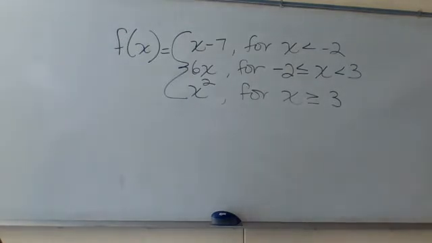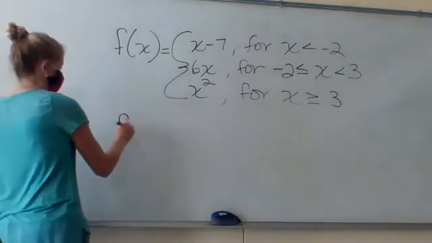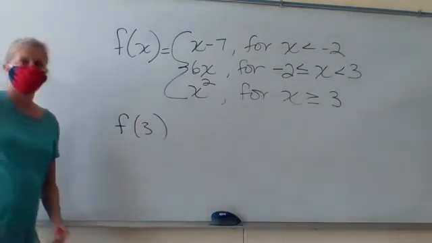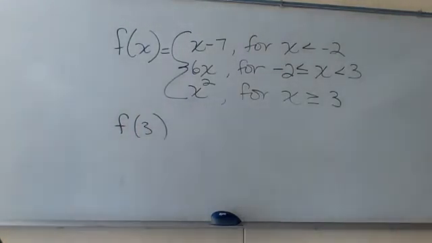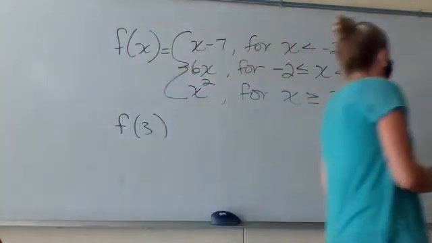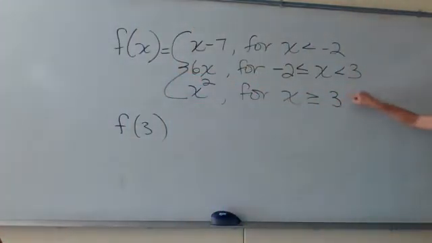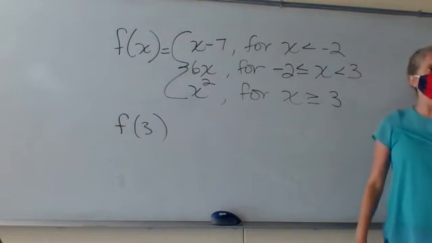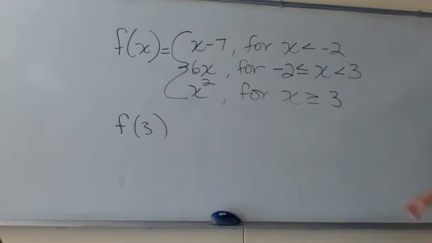And it wants me to identify the expression that should be used to find f of 3. So I notice when I look at my 3 separate pieces, that I have 2 of them that have that 3. This one says x is less than 3. Well, 3 is not less than 3.